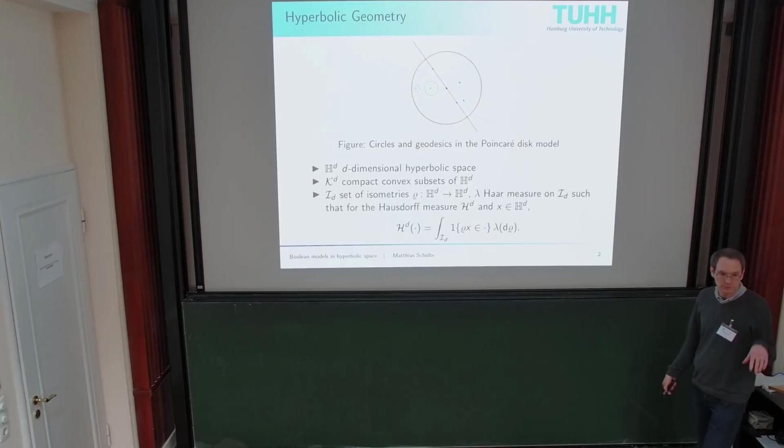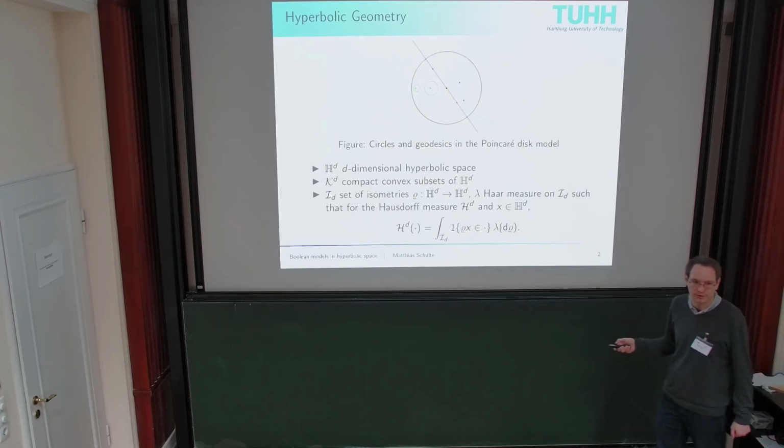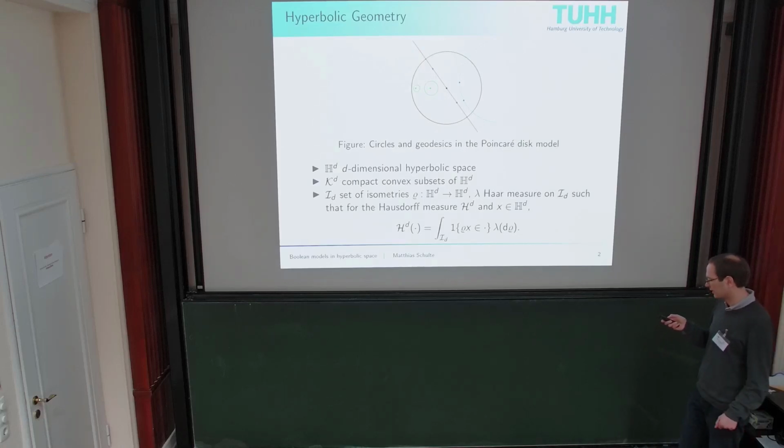For this Haar measure, we can just choose the normalization, and we do it such that this equation here holds. So the idea here is the following. We take a fixed point of hyperbolic space, and then if we integrate over all isometries that move our fixed point x to some given set, this integral is exactly the Hausdorff measure of the set.